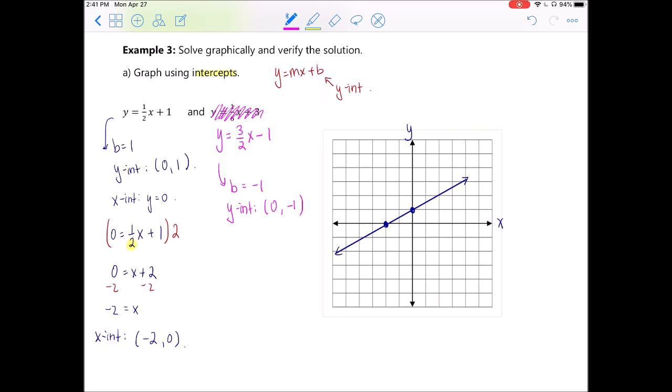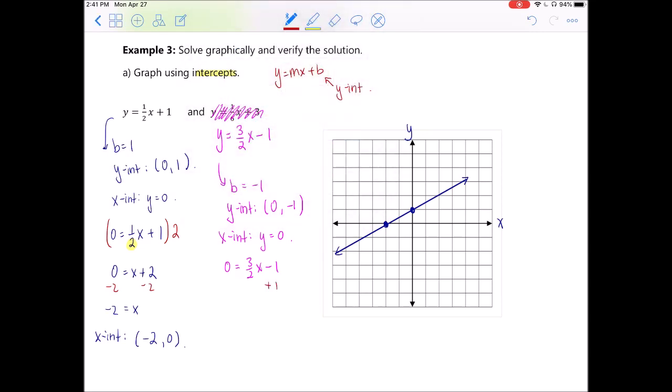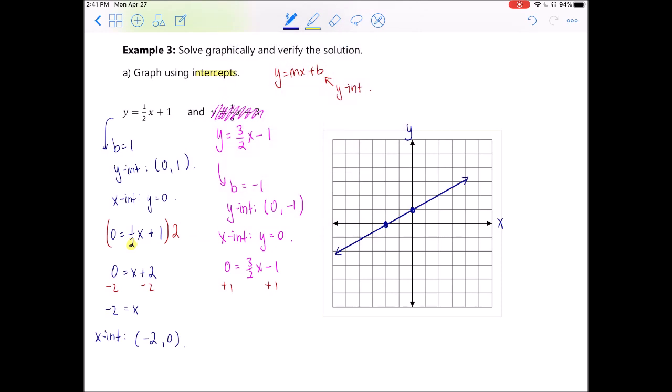All right, then we need to solve for x-intercept by plugging in y equal to 0. So sub in 0 into y, so we have 0 equals 3 over 2x minus 1. And we want to isolate x, so this time you can actually add 1 first on both sides. Before I just multiplied the denominator to the entire equation, but there's this way as well, so I'm just showing you 2 different ways to do it.